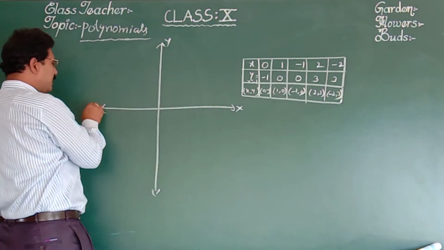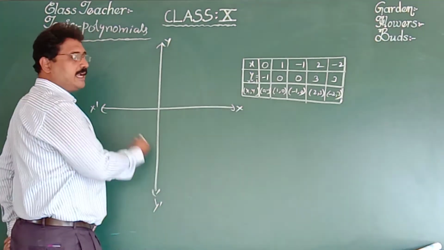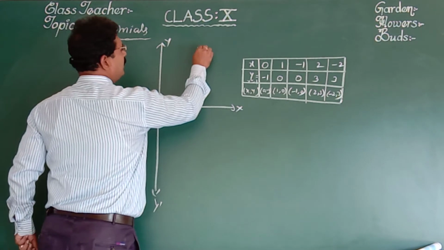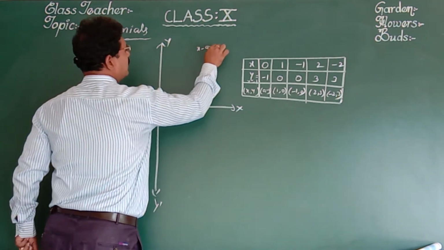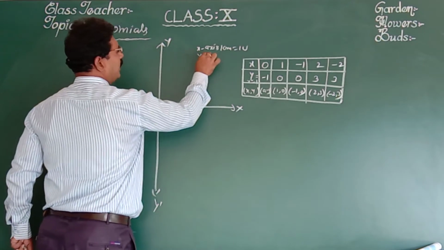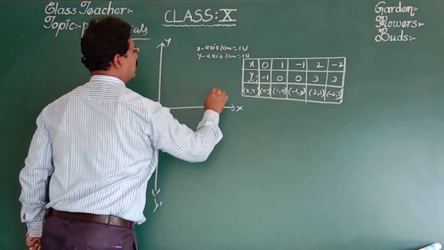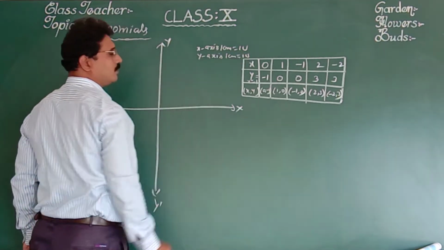Of course, left side is negative x-axis and down is negative y-axis, x dash and y dash. Now the scale is very simple: on the x-axis 1 centimeter is equal to 1 unit, and on the y-axis also 1 centimeter is equal to 1 unit.